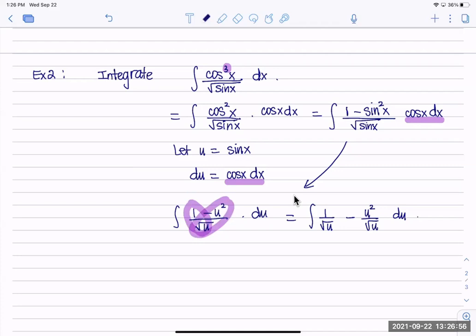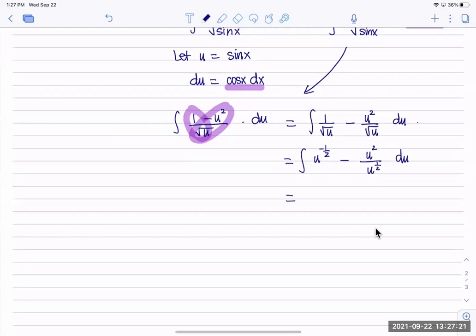So now, power rule or simplify, we can simplify u squared and u to the power 1/2. So I can rewrite this as u to the power -1/2 minus u squared over u to the power 1/2 du. We're gonna continue to simplify this: u to the power -1/2 minus u to the power 2 minus 1/2 du.